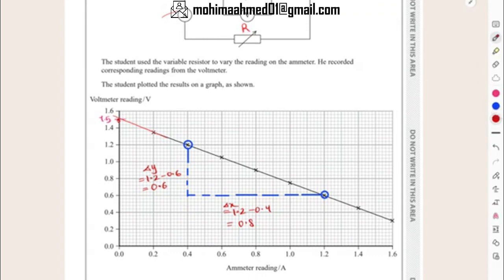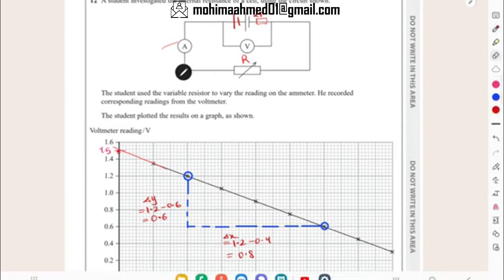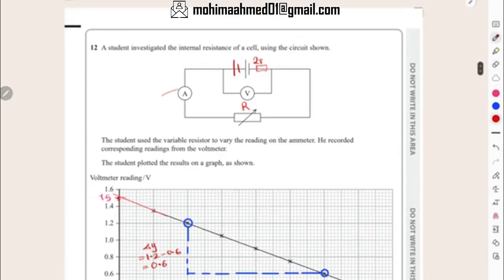If the original circuit has just 1R and the new circuit will have 2R, I'll just write it down over here again. This is original and this is for the new one. If the internal resistance for the original graph was R and for the new graph it is 2R, then obviously the new graph will be twice as steep as the original graph.